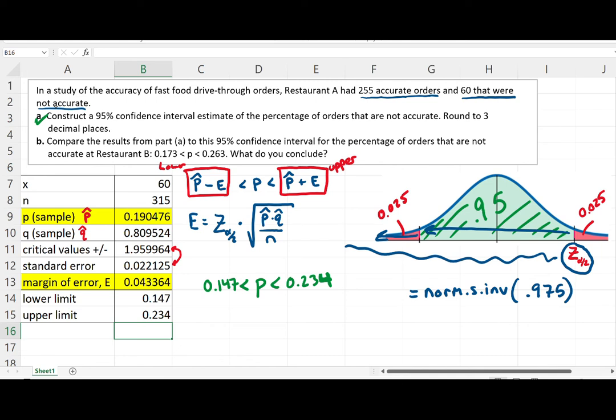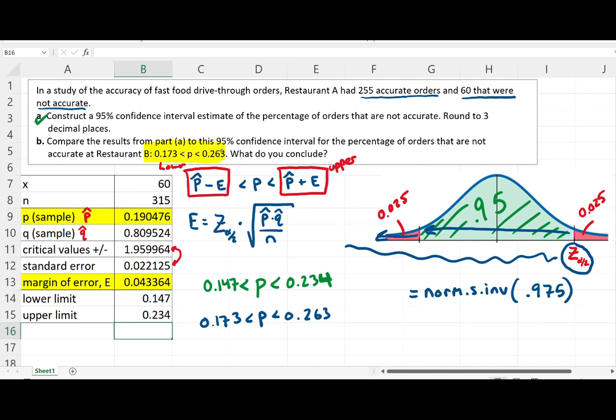Okay, so this is a different restaurant. Restaurant B is given 0.173 to 0.263. So what could you conclude? Well, what are the options?